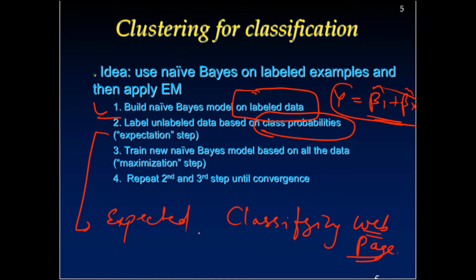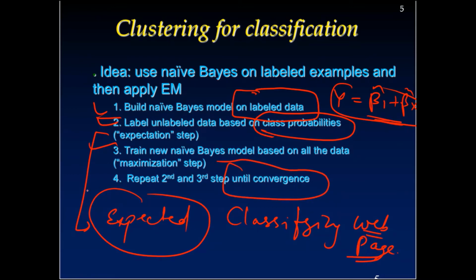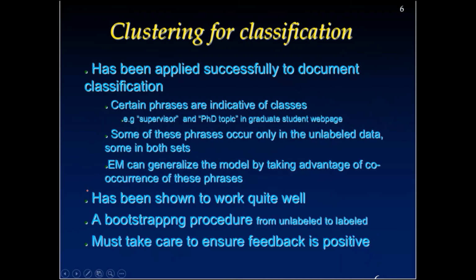Then train the same naive algorithm again by including this expected or estimated value of the unlabeled data with the labeled data. You keep repeating step 2 and step 3 until we get convergence. That's what I explained previously.